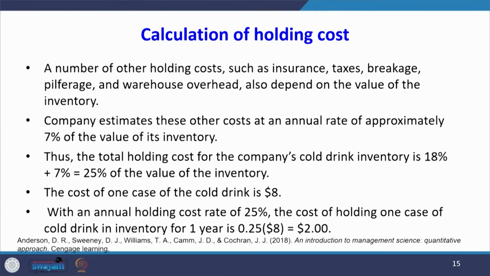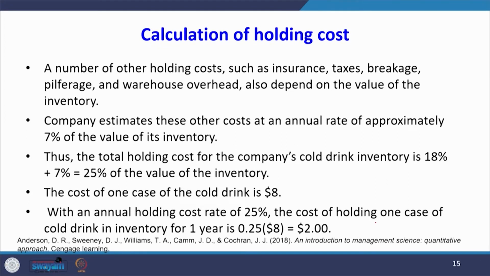So, we know that the cost of one case of the cold drink is say $8, with the annual holding cost rate of 25%, the cost of holding one case of cold drink in inventory for 1 year: 0.25 multiplied by $8 is $2. So, the cost of holding 1 unit for 1 year is $2.